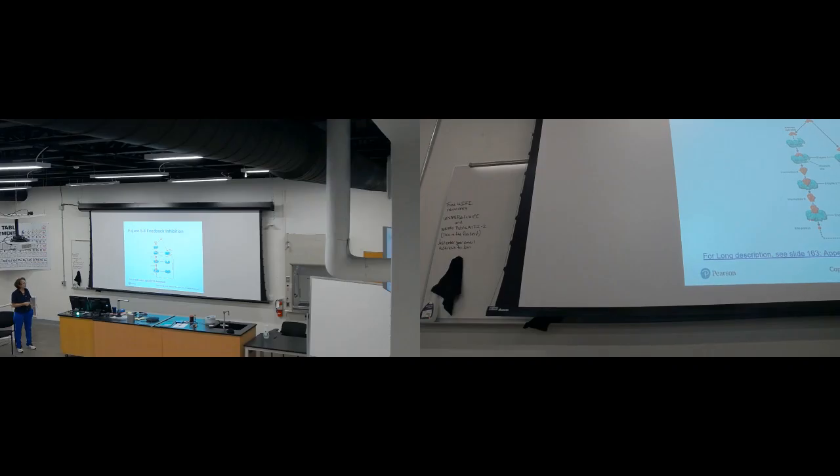So then this end product is going to accumulate and later on is going to bind into this allosteric site of this enzyme 1, so that this enzyme 1 doesn't produce any more of these intermediates. And see how enzyme 2 and enzyme 3, they don't have these allosteric sites.